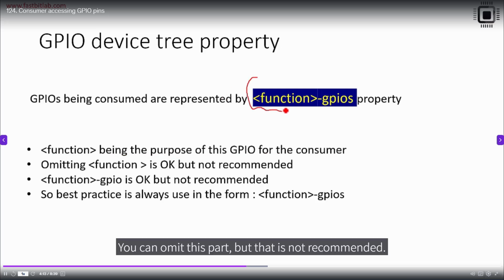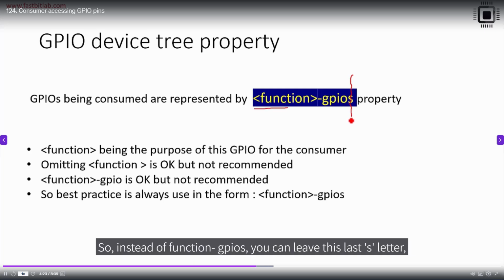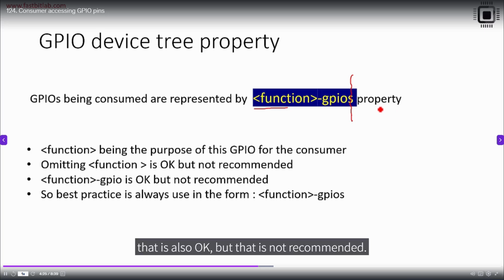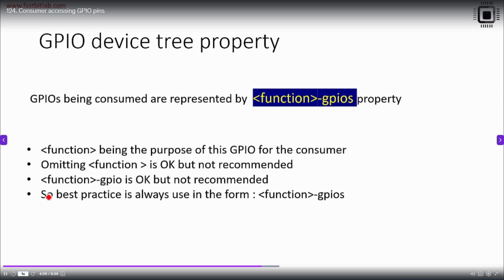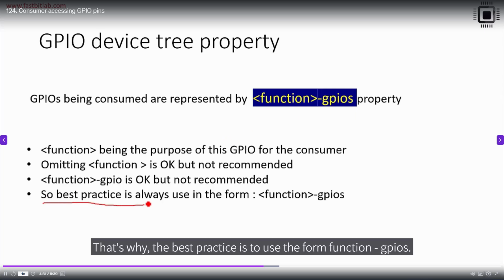You can omit this part, but that is not recommended. Instead of function-gpios, you can leave out the last S letter. That is also okay, but not recommended. That's why the best practice is to use the form function-gpios.